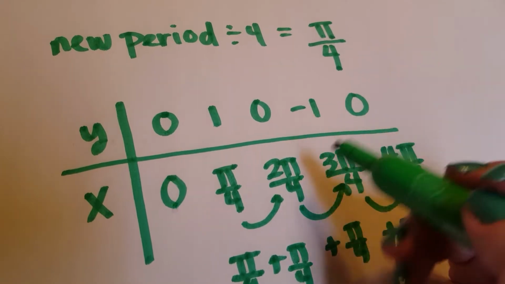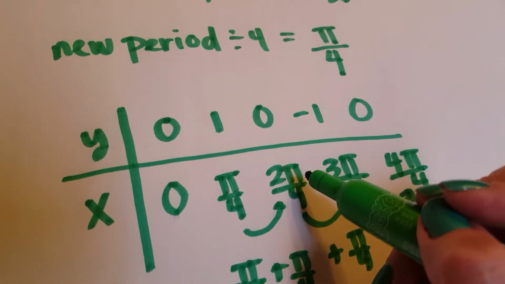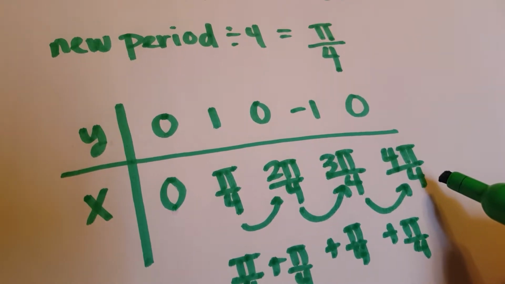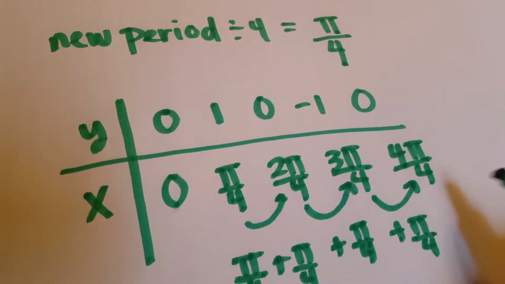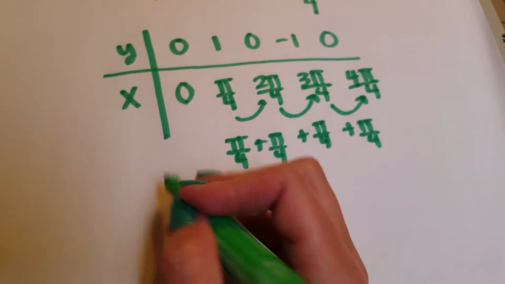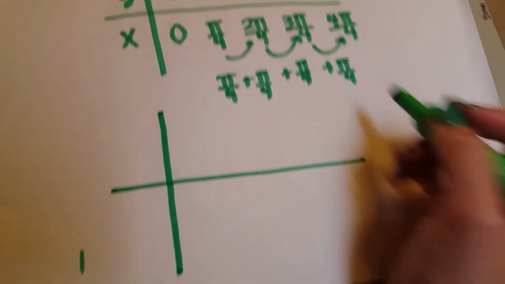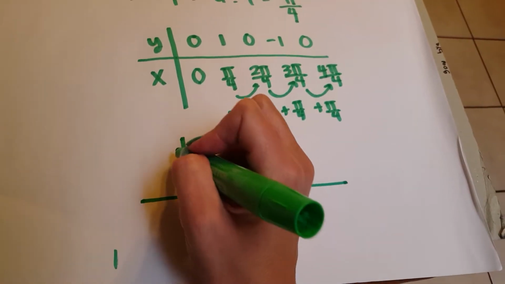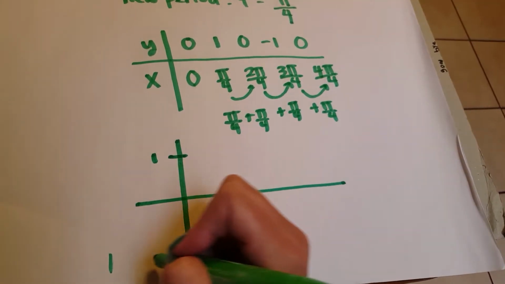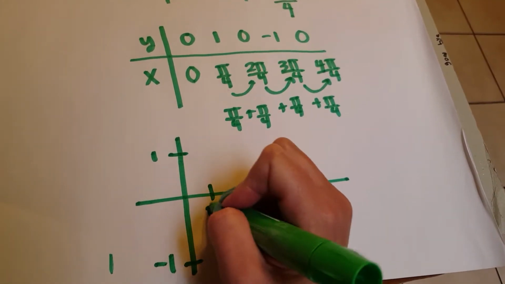Now some of you are probably going, hey Jen, isn't 2 pi fourths the same as pi halves? Yes, it is. And isn't 4 pi fourths the same as pi? Yes. So we have that lovely chart. Now, if you wanted to graph it, we'd still have our values of 1 and negative 1. But instead of cutting it every pi halves, I'm going to cut it every pi fourths.